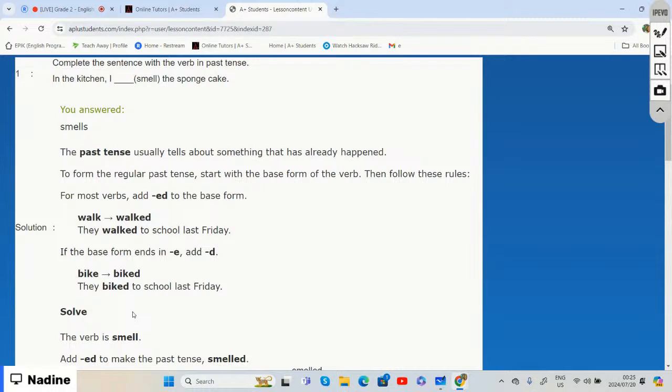Then, to change that base form, we add a D to our base word if our verb ends with an E, and we add ed to our base form if the word does not end with an E.